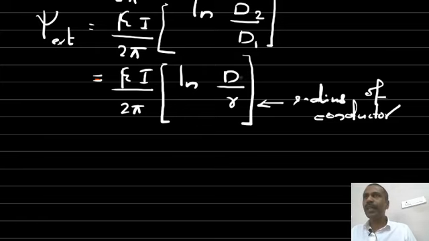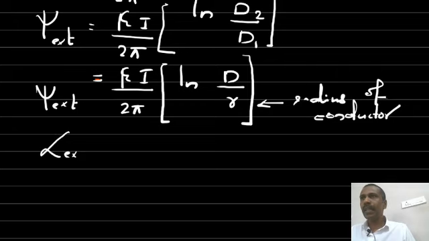Instead of D2, we can write it as D, because there are no D1, D2 hereafter. We have only one external point. So this can be written as D instead of D2. This is the total external flux linkage. So what is L external?